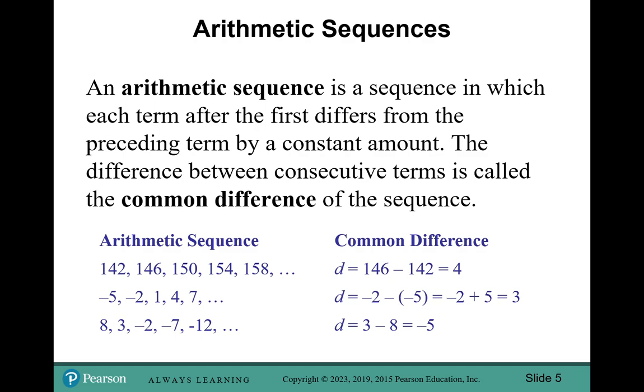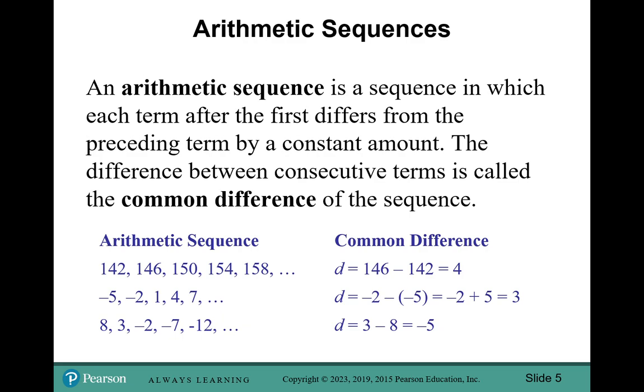An arithmetic sequence is a sequence in which each term after the first differs from the preceding term by a constant amount. The difference between consecutive terms is called the common difference of the sequence. Here we have some arithmetic sequences in purple for our example. We have 142, 146, 150, 154, 158.